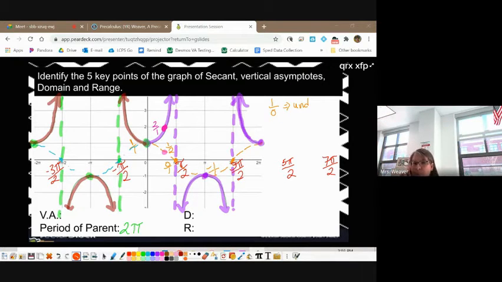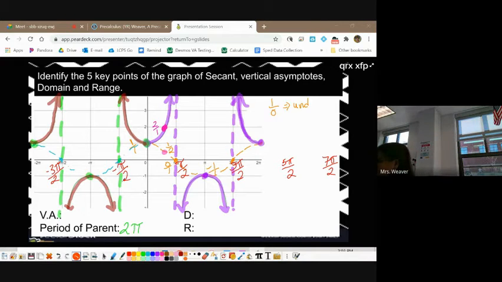Now, one thing I want to point out about this is how far apart are they? So you're right, Jeremiah, they happen at the half pi's and they are still pi units apart. And so that's going to help us when we try to describe this pattern. Okay, so let's think of how we could describe this in set theory. We know that these are vertical asymptotes, so there's still going to be x equals equations.